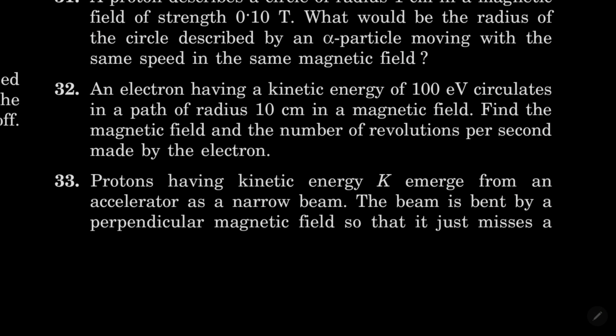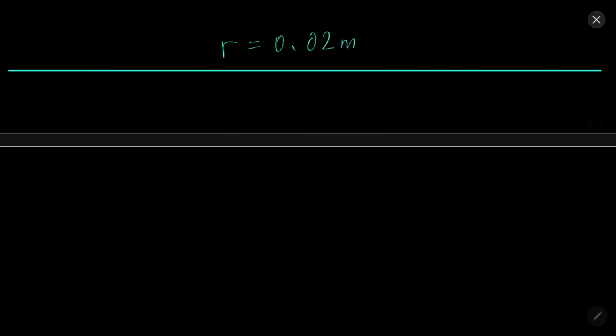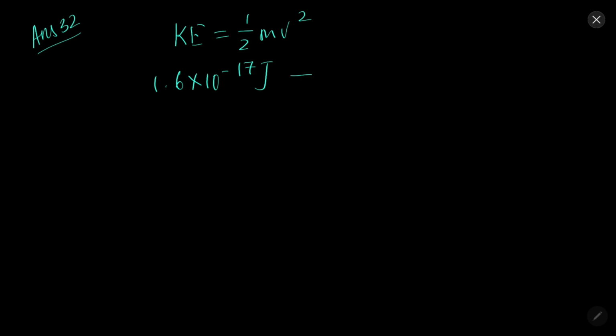In question 32, find the magnetic field and the number of revolutions per second made by the electron. Solution 32. Kinetic energy is half mv square. 1.6 into 10 to the power minus 17 joule equals half into 9.1 into 10 to the power minus 31 kg into v square.